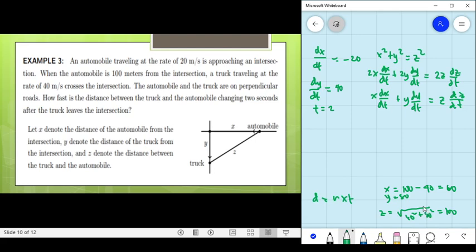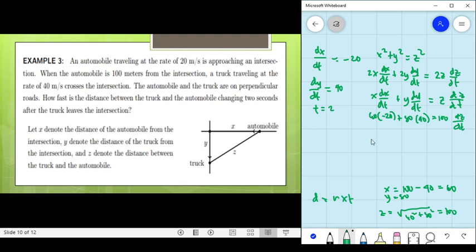So, after that, finally, we have our x is 60 times negative 20 plus y, which is 80 times 40, and z is 100. And we are going to find dz over dt.